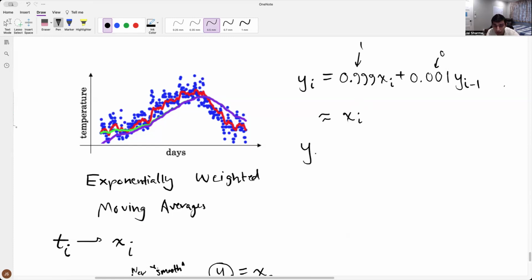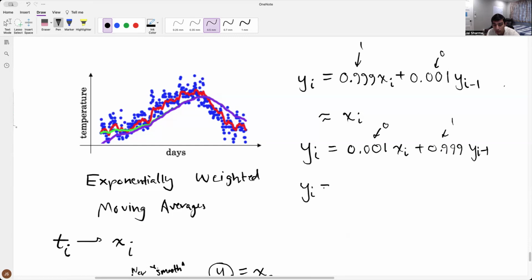Conversely, if we have yi equal to 0.001 xi plus 0.999 yi minus 1, then essentially this is almost 0 and this is almost 1, right?